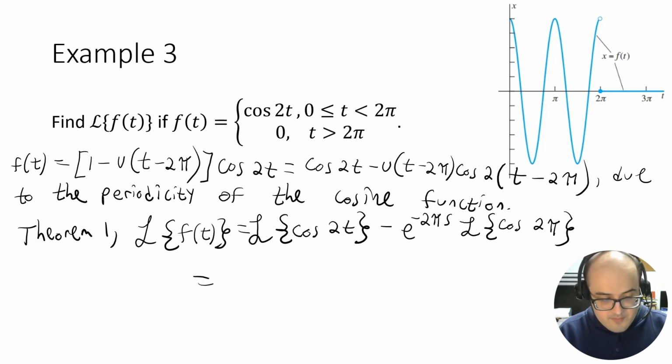So this whole thing simplifies to just be s times 1 minus e to the negative 2 pi s all divided by s squared plus 4.